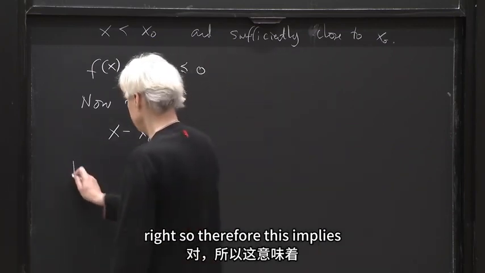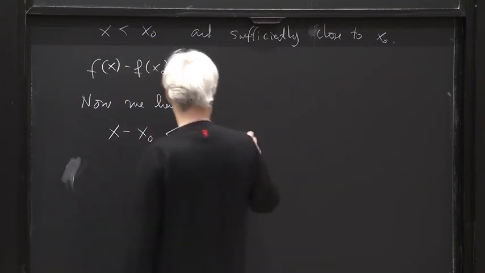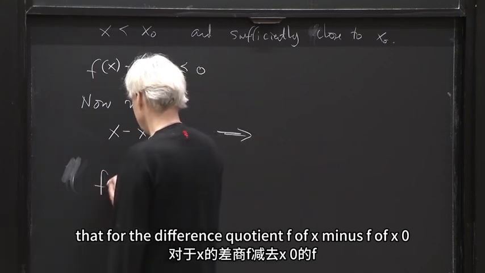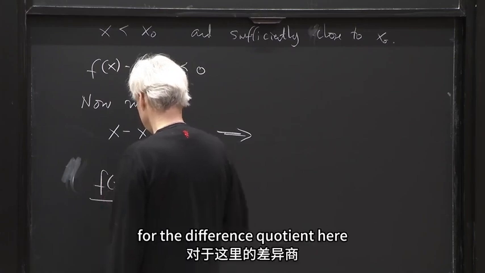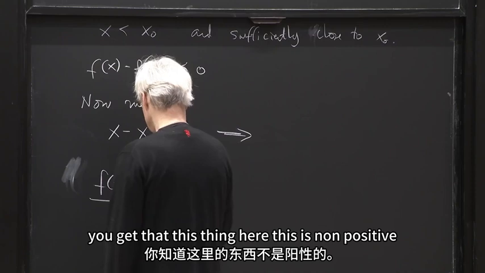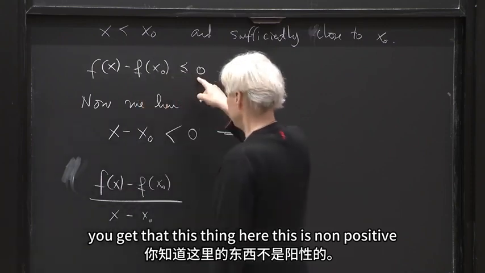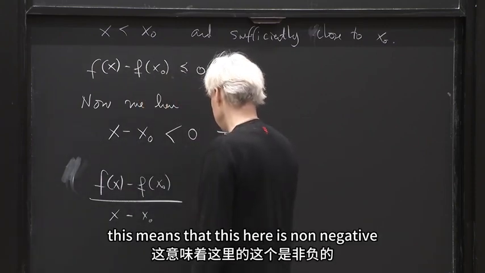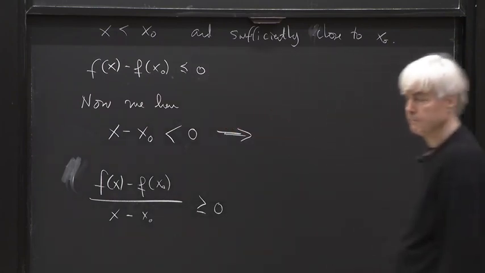So therefore, this implies that for the difference quotient, f of x minus f of x0, you get that this thing here is non-positive, this is negative. This means that this here is non-negative, right?